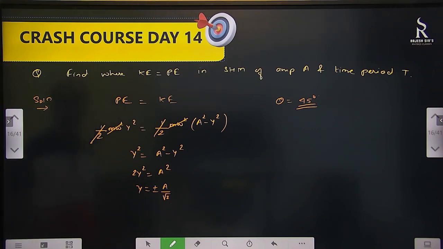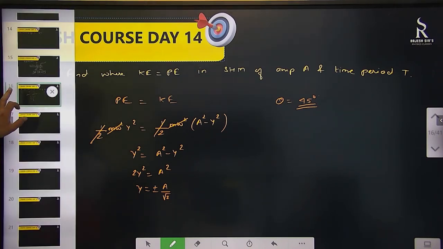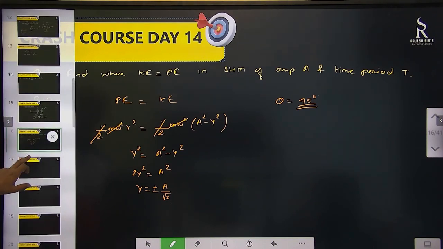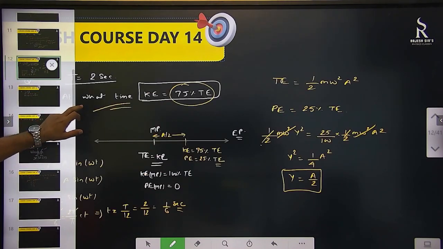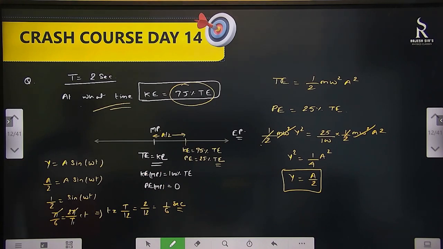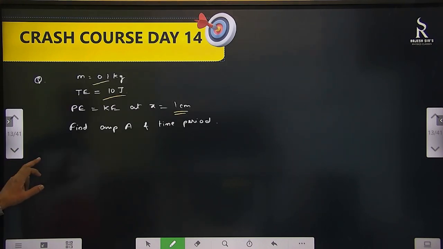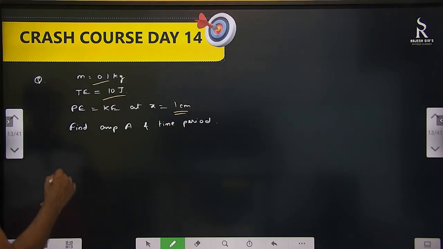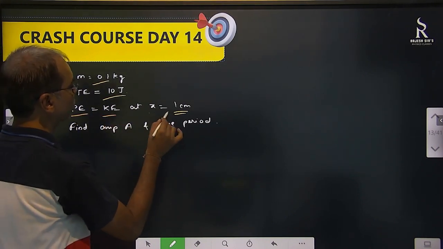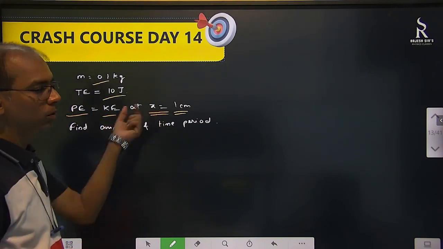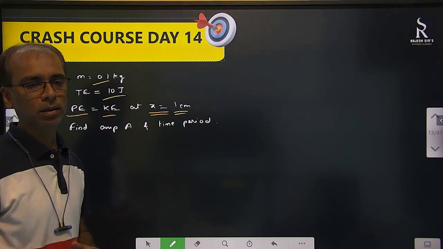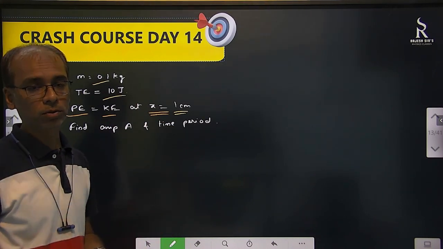Okay. Now let's go back. What was the question? Here it is. No, not this one, next one. Yes. So potential energy equal to kinetic energy at x equal to 1. Okay, but we said that it has to be a by root 2, right?